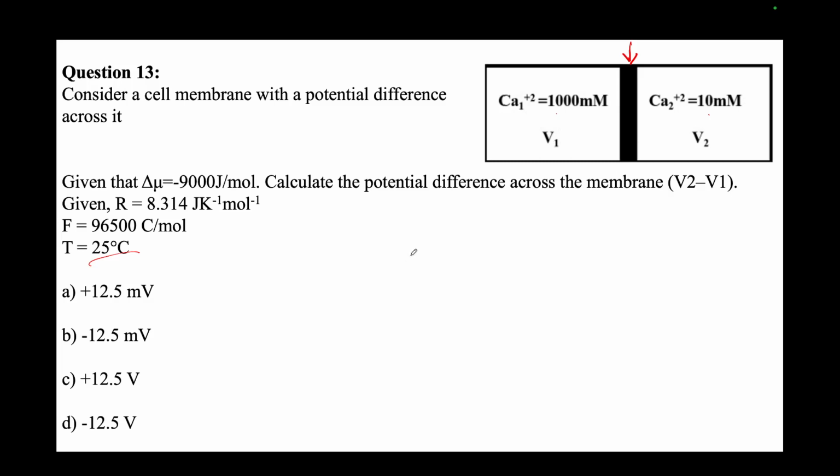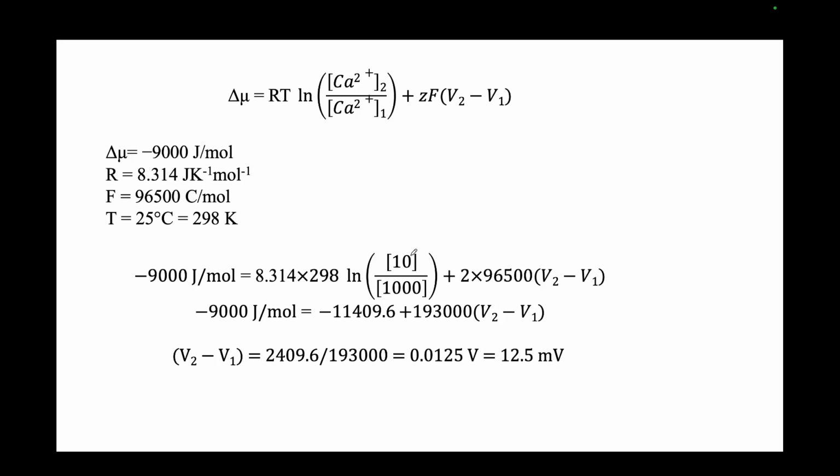To calculate that, we will use a formula, that is delta mu is equal to RT, R is the gas constant, T is the temperature, log of calcium ion concentration in the second chamber divided by the calcium ion concentration in the first chamber.